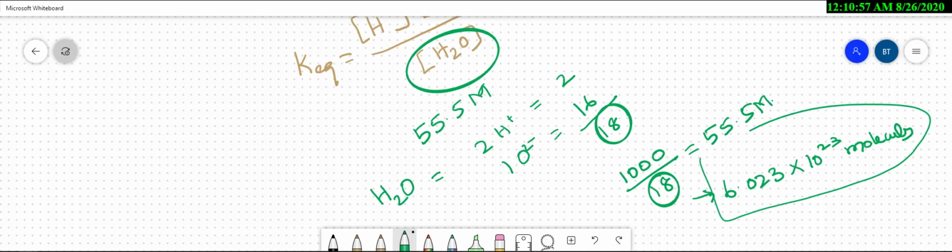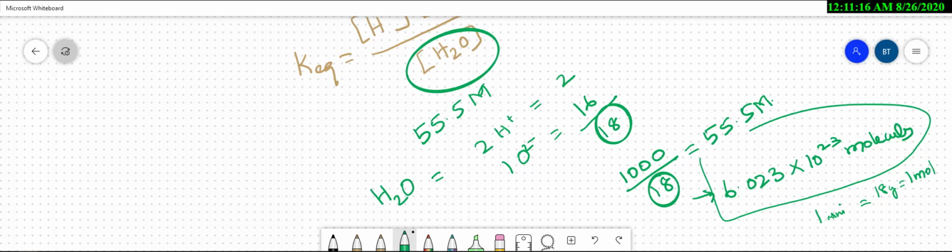18 grams, the gram molecular weight, is 1 mole.